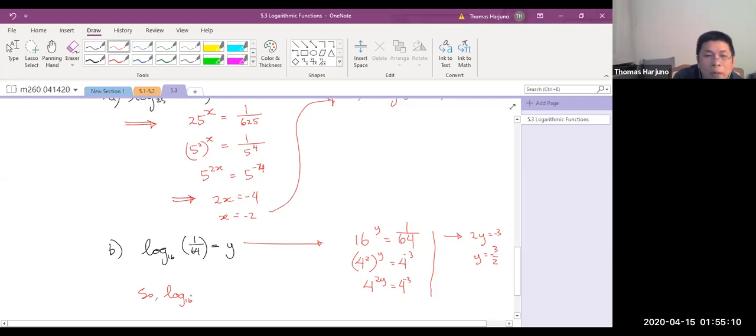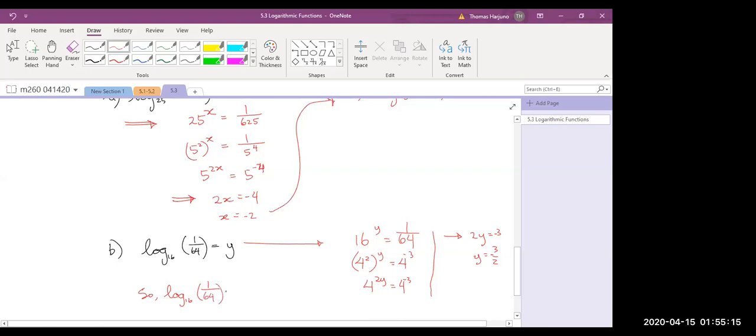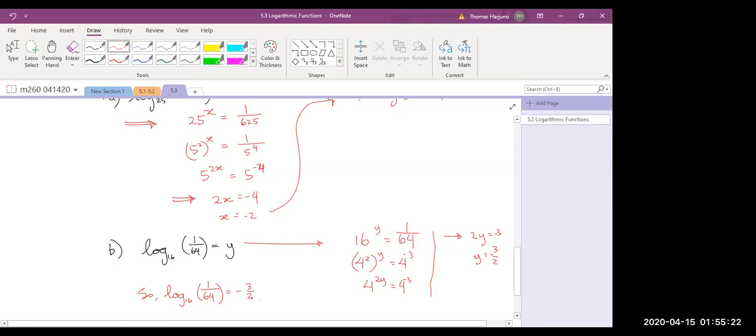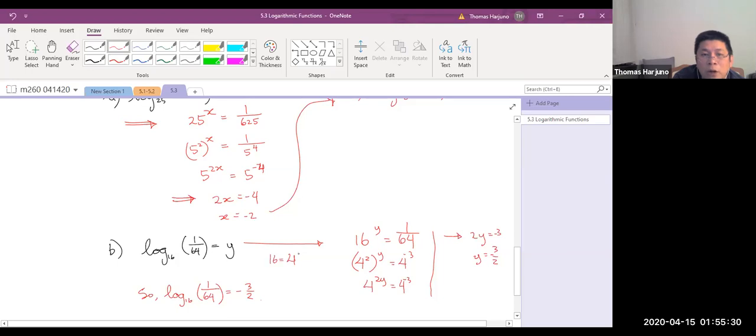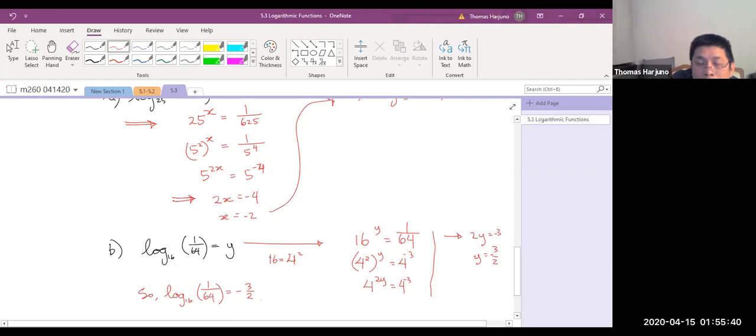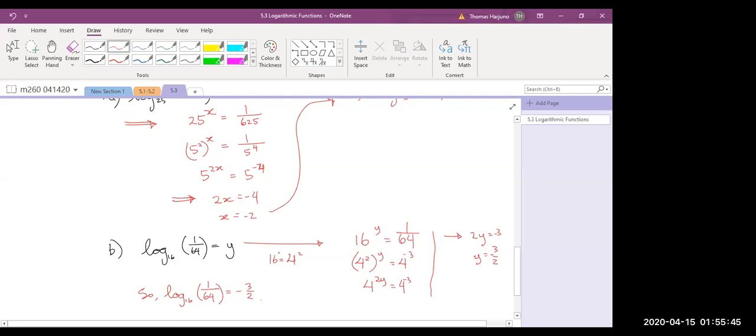Okay, so log base 16 of 1 over 64 equals negative 3 halves. 16 equals 4 squared. Yeah, but 64, 4 to what? Oh, okay, fine.